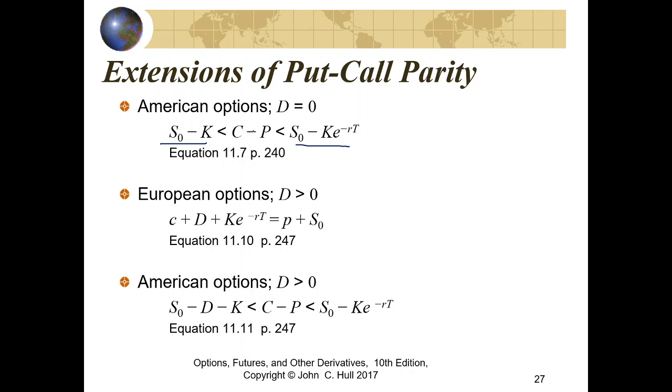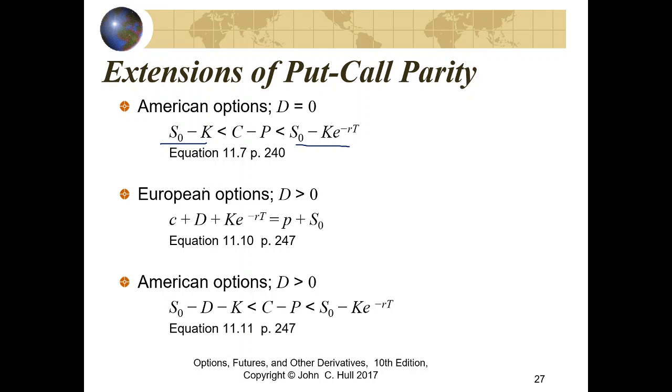If the difference is greater than this value or lower than this value, then there is an arbitrage. But we cannot say that if the price is not equal to this price, then there is an arbitrage. No, we look only at the difference between the call and the put, and we see whether this difference is within the range where there will be no arbitrage opportunity.